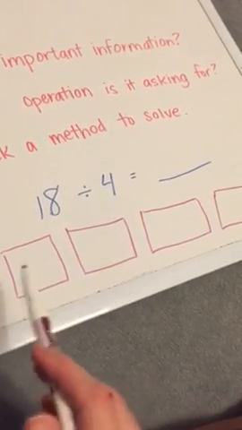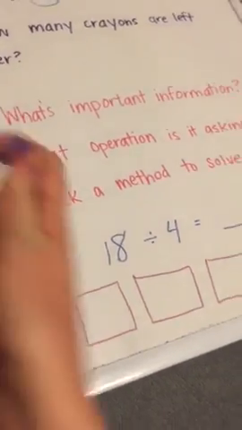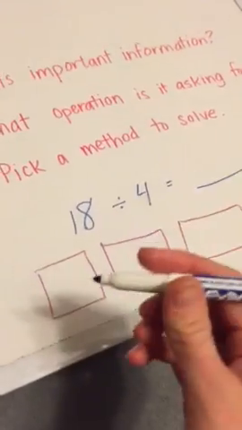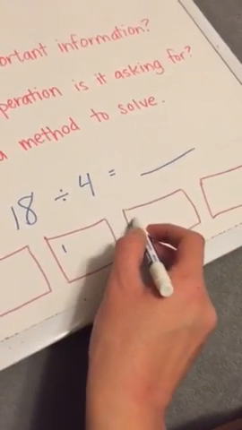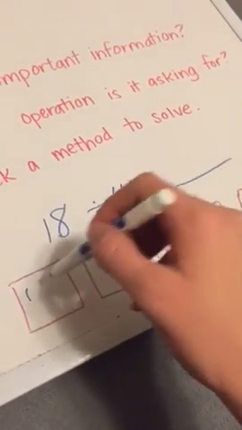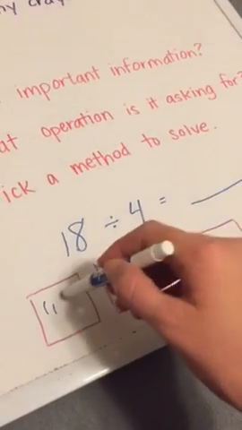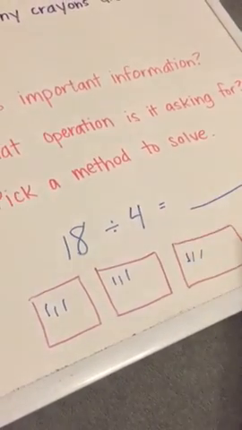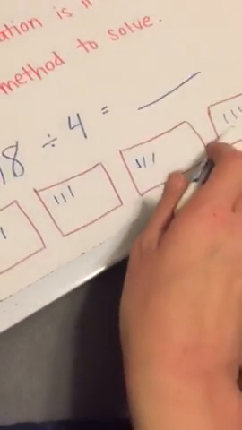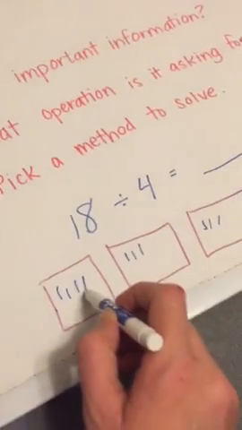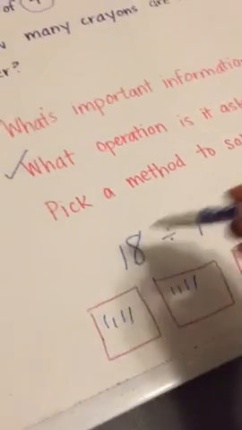Okay. So I need to put 18 divided by 4. Okay, so I'm going to do 1 into each box. Okay, should probably be keeping track, huh? 1, 2, 3, 4, 5, 6, 7, 8, 9, 10, 11, 12, 13, 14, 15, 16.